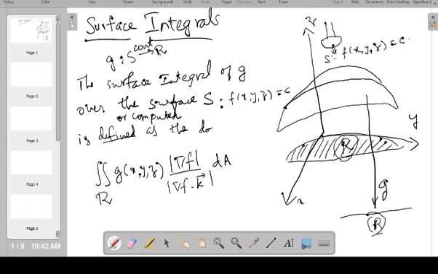So this is the double integral, and you call this quantity d sigma.